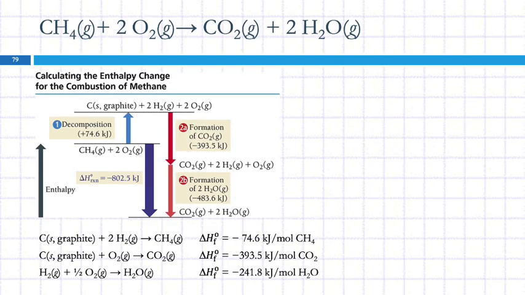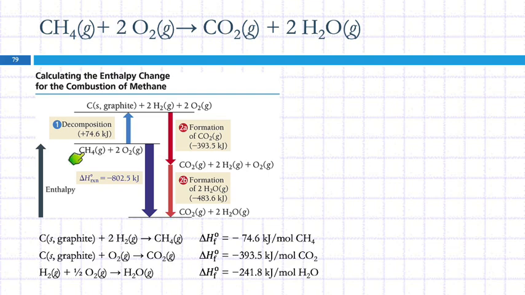We can also look at this in terms of Hess's law. We have this energy diagram here. What we're looking at is this equation, well, this one up here, CH4 plus 2O2, making CO2 and water, combustion of methane. So here are our reactants. They have this level of energy. And when we make the products, they are lower in energy.